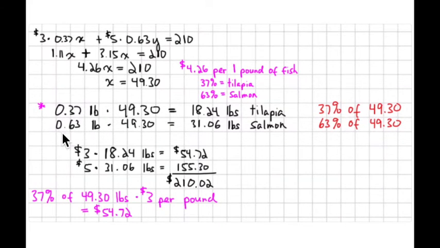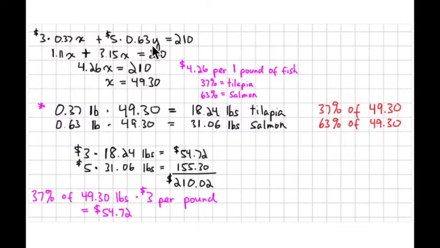And how do I know that it's 49 and 3/10 pounds? I figured out the average cost. So if I'm going to purchase 37 hundredths of a pound of tilapia at $3 a pound, that's going to be $1.11.